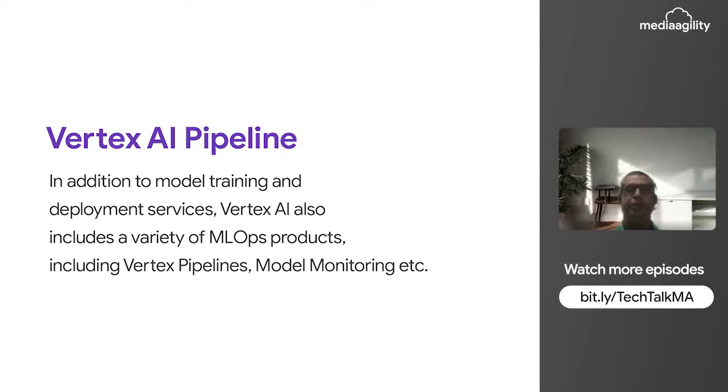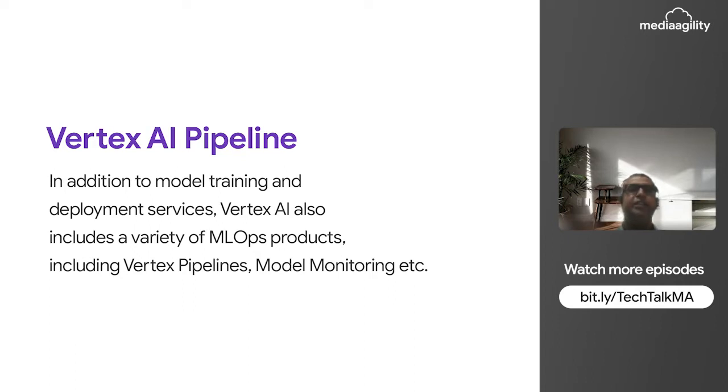With the help of Vertex AI Pipeline, there are two ways to build the machine learning pipeline. One is TFX, TensorFlow Extended, and the other is Kubeflow Pipeline. In today's meeting, we are going to focus on Kubeflow Pipeline. With Vertex AI, we can do a lot of things together, like model training, model deployment, AutoML, and a lot more provided under the umbrella of Vertex AI.